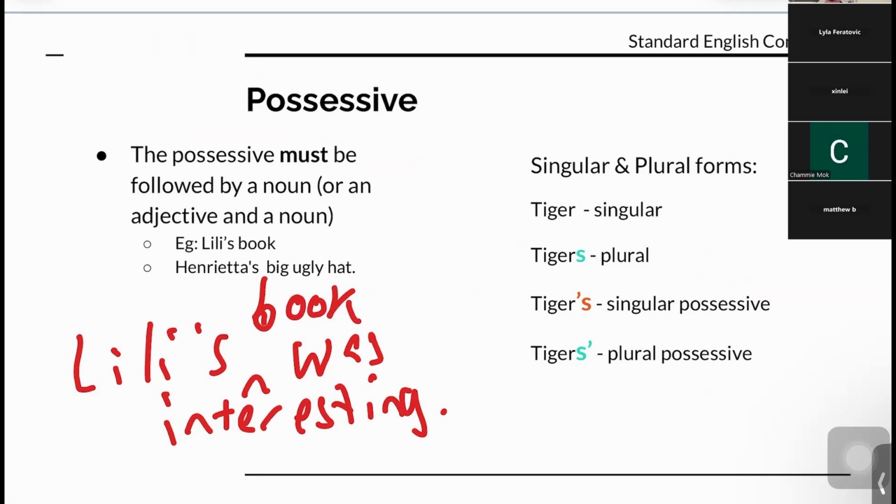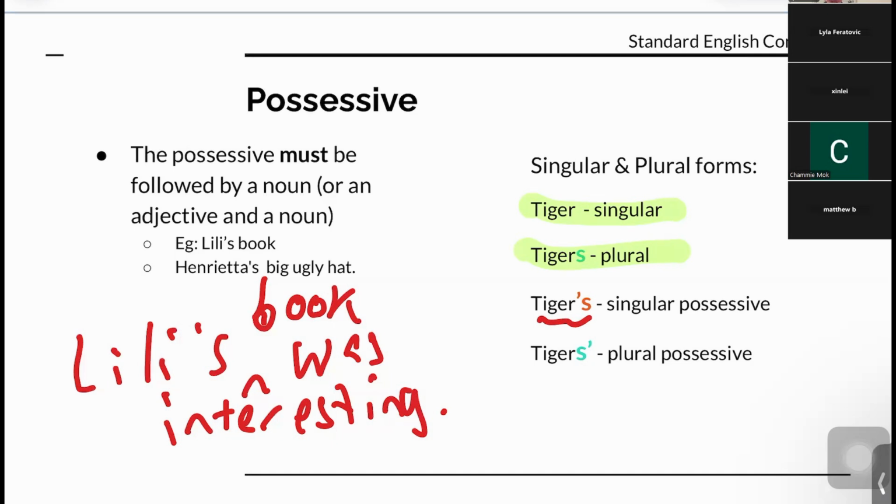And then as far as singular and plural forms, where does the apostrophe go? Tiger on its own, that's a singular noun. Tigers with an S and no apostrophe, that's a plural noun. When you want to say one tiger's teeth, that's tiger apostrophe S, a singular possessive.